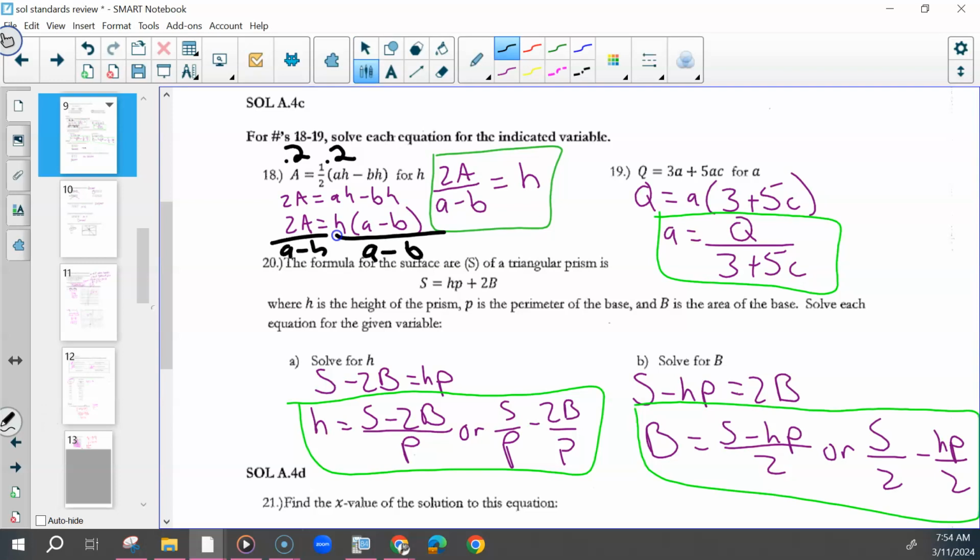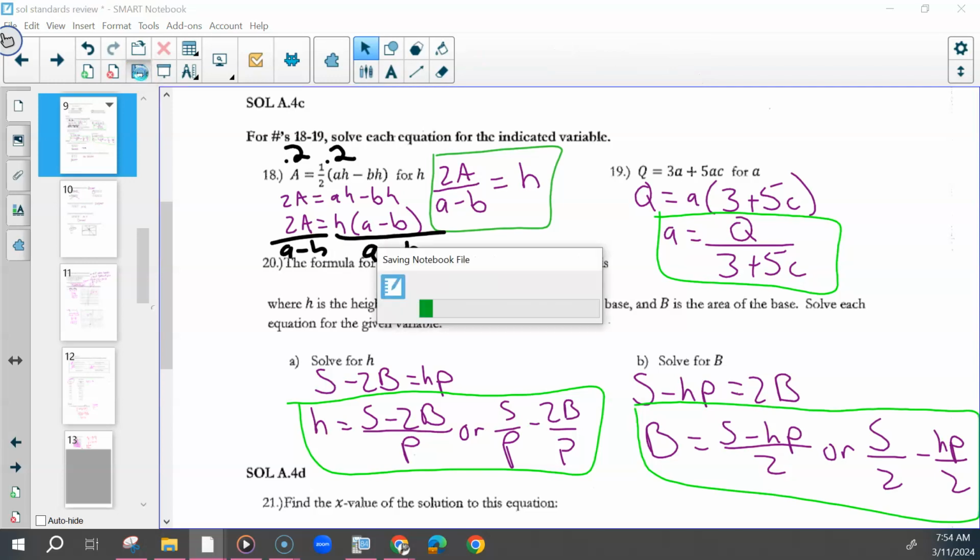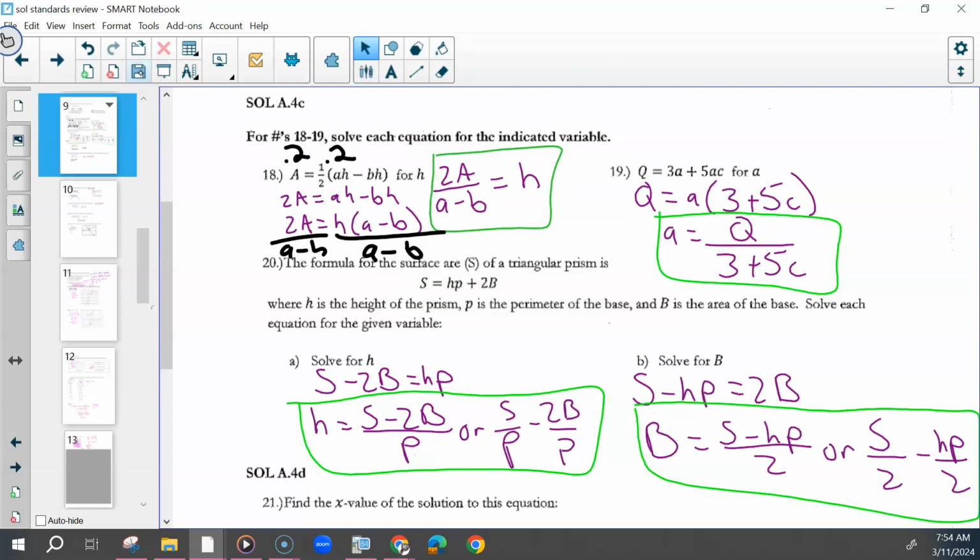Divide both sides by a minus b. So then h equals 2a over a minus b would be our final answer there. You're kind of doing the same thing for 19, taking the a out of both and dividing both sides by 3 plus 5c.